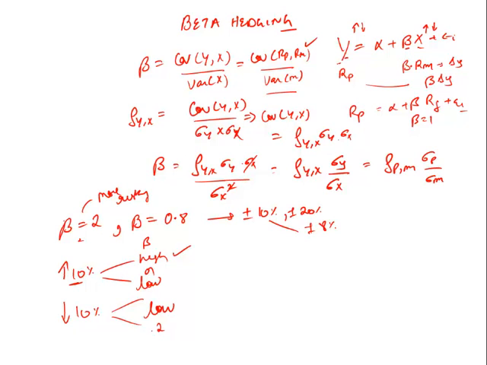In the process of beta hedging, we will essentially learn how to change the beta of our portfolio from a current beta of beta p to a target beta of beta t.